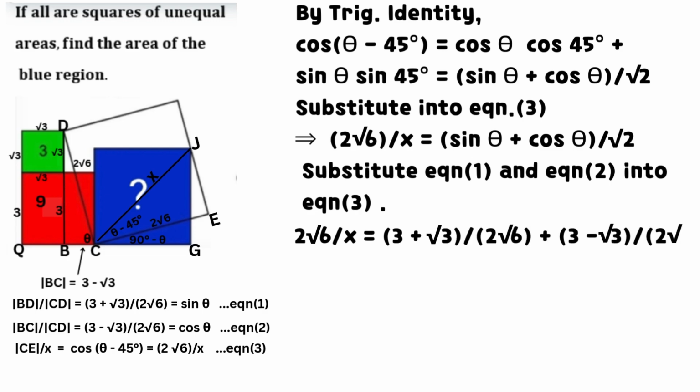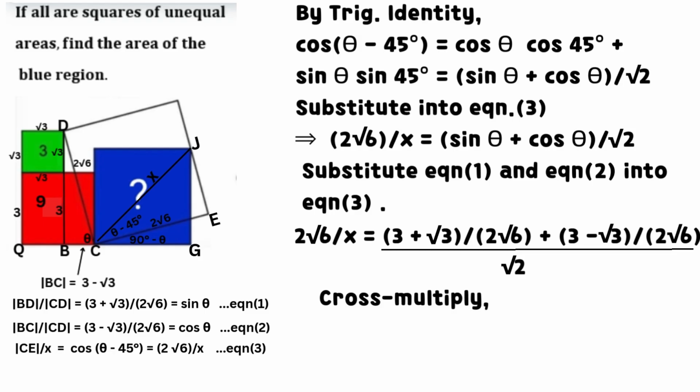This implies that 2 times the square root of 6, all divided by x equals the sum of 3 plus the square root of 3, all divided by 2 times the square root of 6, plus 3 minus the square root of 3, all divided by 2 times the square root of 6. Divide all the numerator values by the square root of 2.